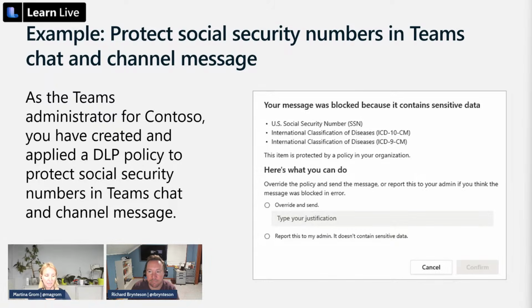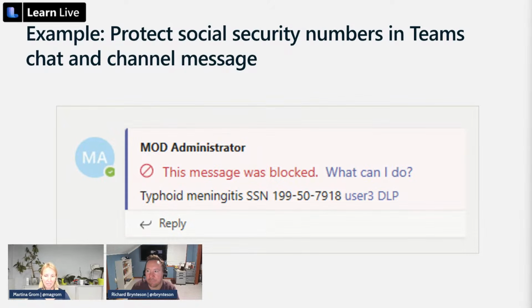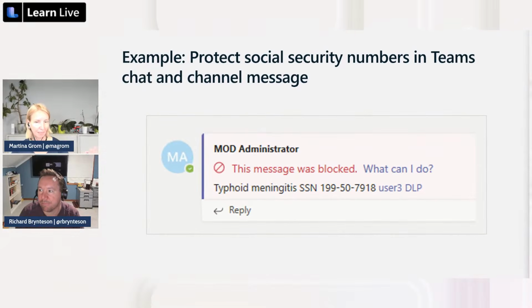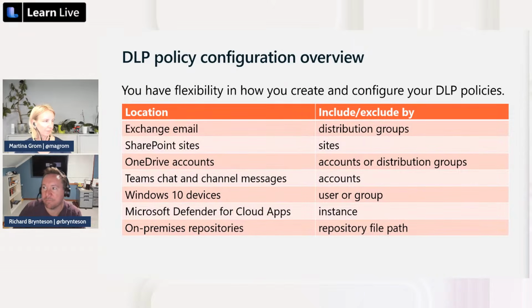So you see with the data loss prevention policy, and I see it always as a double side. You have data classification on one side, but then you have data loss prevention for the content which is not classified but still needs protection. And you see here the social security number was blocked and the user gets an information what to do and why.